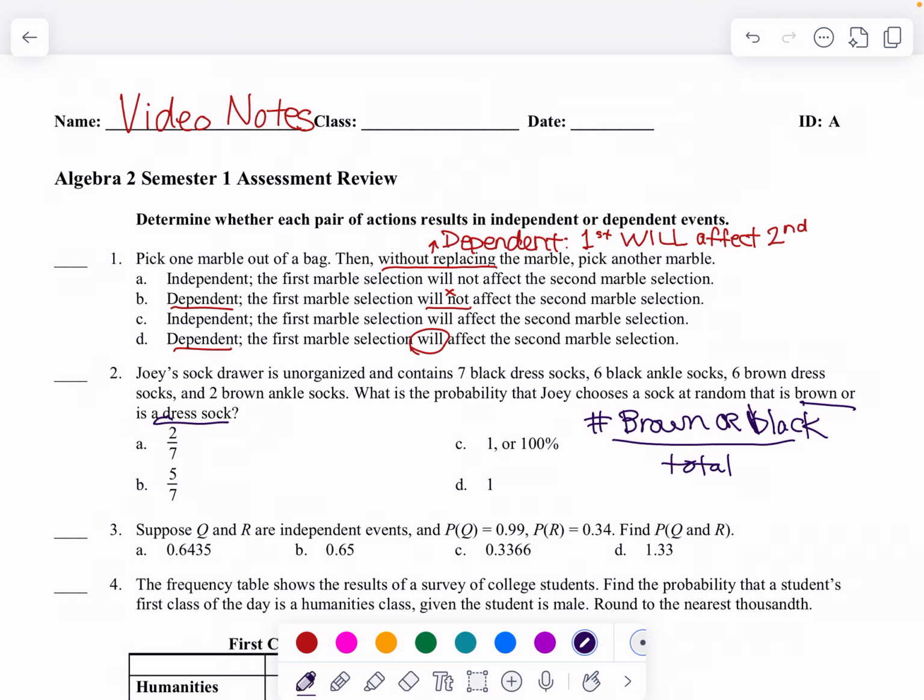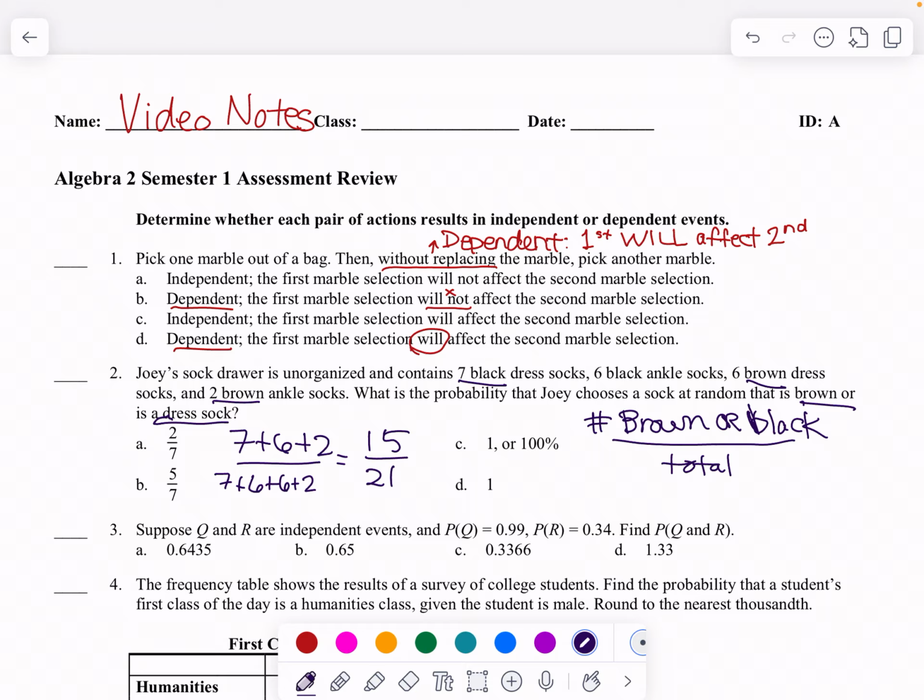So brown and black, it's going to be 7 plus 6 plus 2, which would be 15, right? Divided by the total, which would be 7 plus 6 plus 6 plus 2, which is 21.